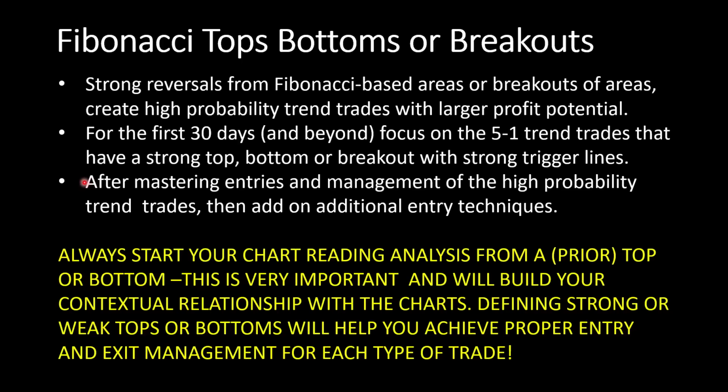Once you have mastered those really high probability trades, the entries, as well as the management of those trades, then you can start to add on additional entry techniques and add in different charts. And we'll take a look at some examples of that.